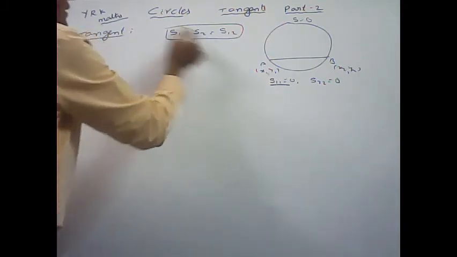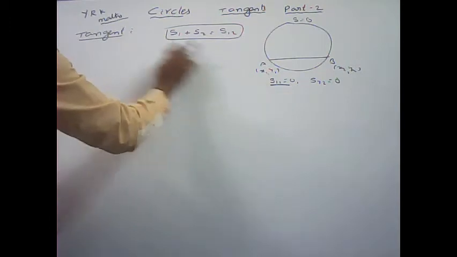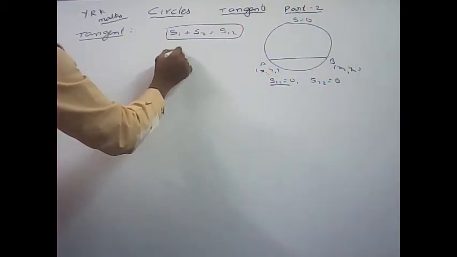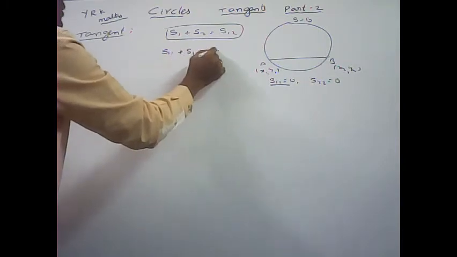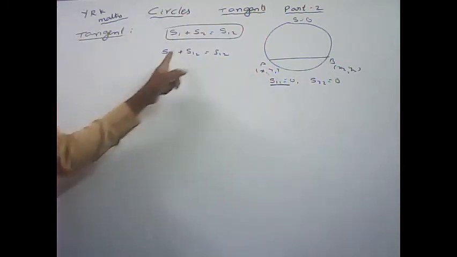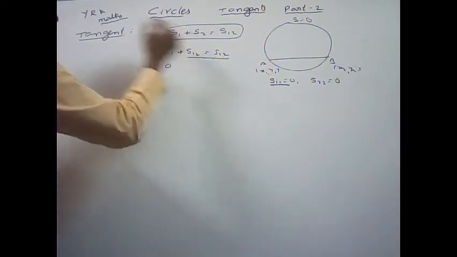Here I am taking one relation, S1 plus S2 is equal to S12. If it passes through x1, y1, here we can get S11 plus S12 equals S12. S11 is 0, so S12 equals S12.